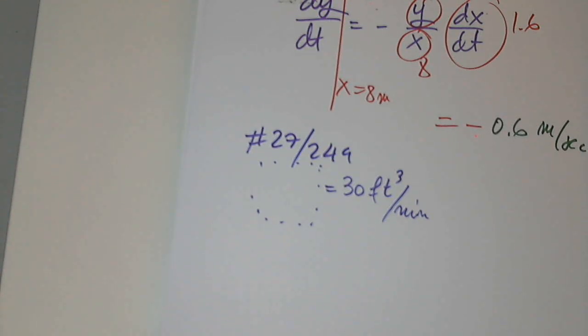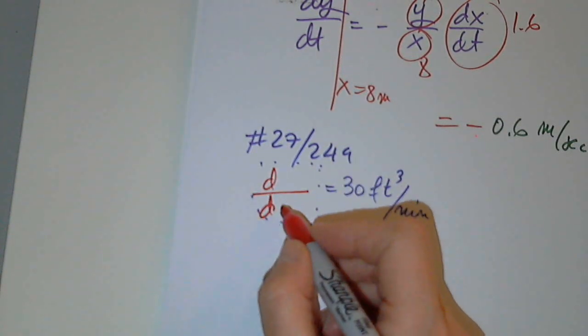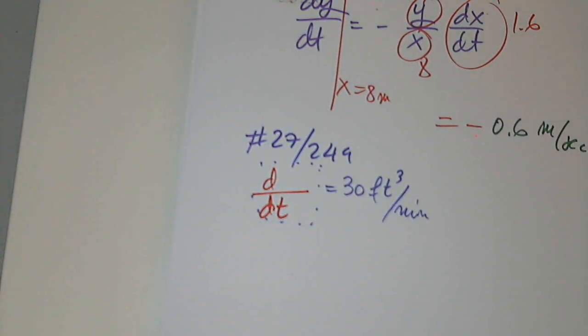Say it again. Oh, we have to write D. So I agree with D, I agree with DT, but I need the top. What do you think the top is? If the measurement unit is cubic feet, what could it be? Could it be distance? Could it be area? Could it be volume?